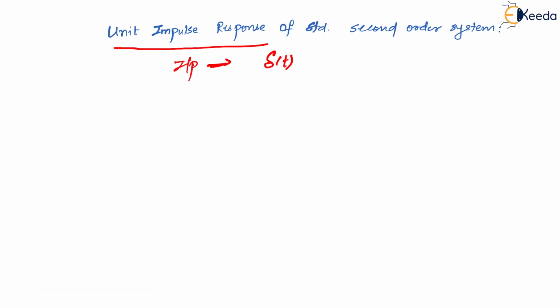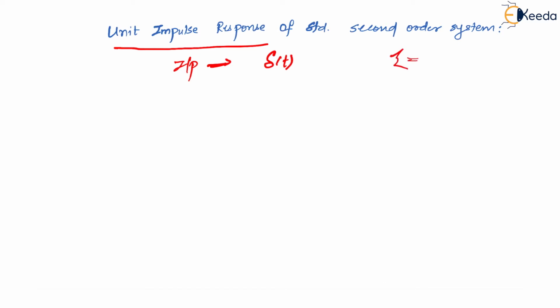Yes. Now we will also be analyzing the system for all four cases: when zeta is equal to 0, zeta is between 0 and 1, zeta is greater than 1, and when zeta is equal to 1, correct?